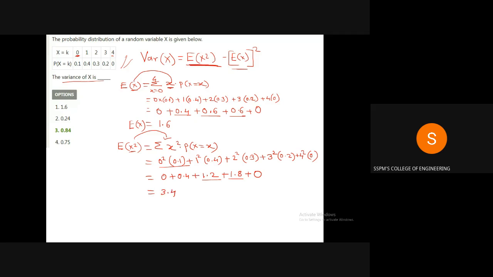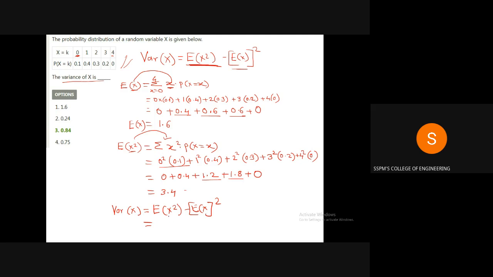So E of x square is equal to 3.4. Now we will use the formula for variance of x, which is E of x square minus E of x whole square. Now we will put in the values that we have already calculated.